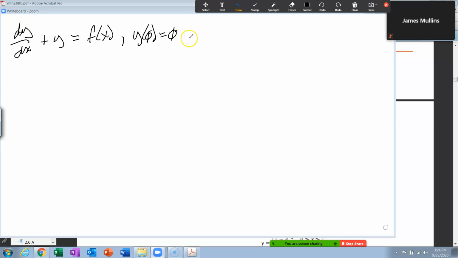But they also tell us what f of x is. The f of x is 1 anytime that 0 is less than or equal to x is less than or equal to 1. It's 0 anytime x is greater than 1. Now, I wrote the greater sign, but not the 1. All right, there's our situation.